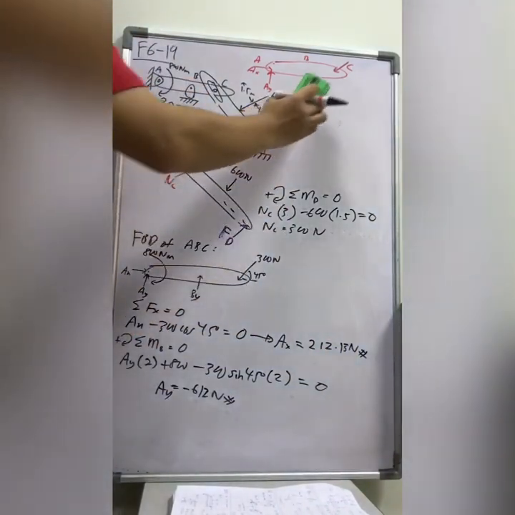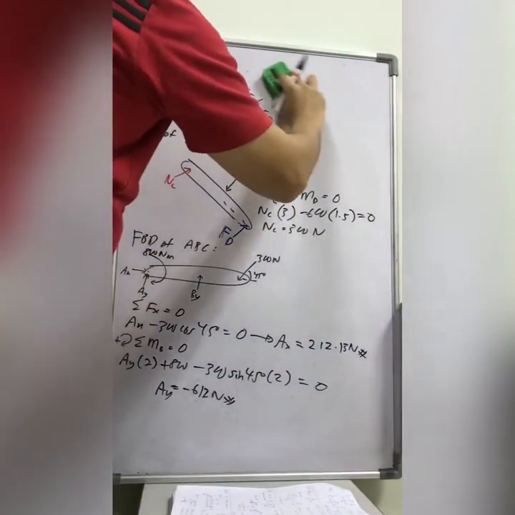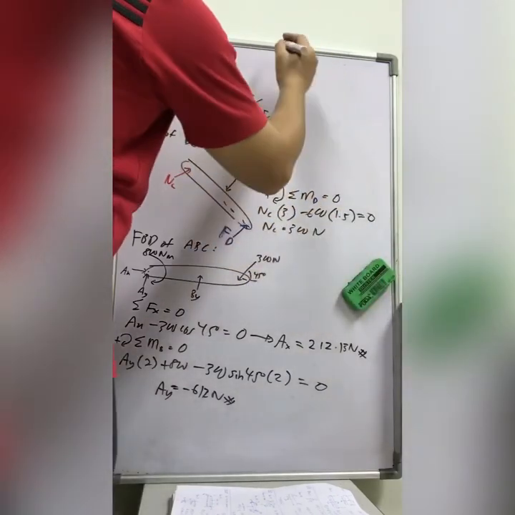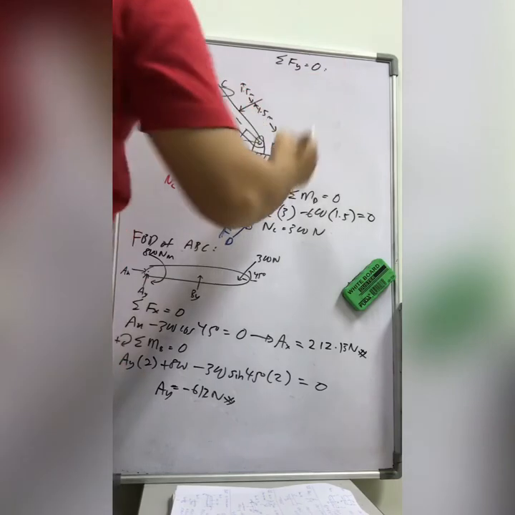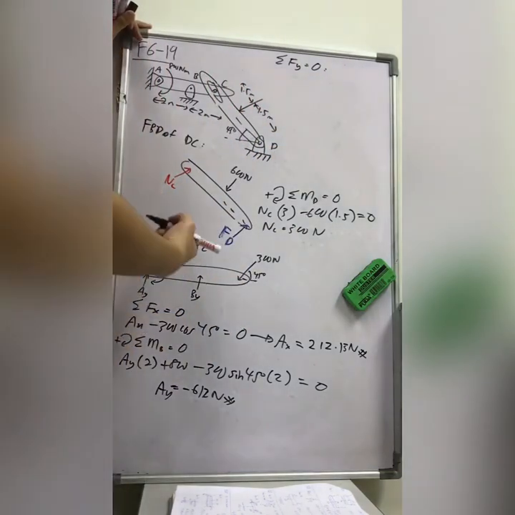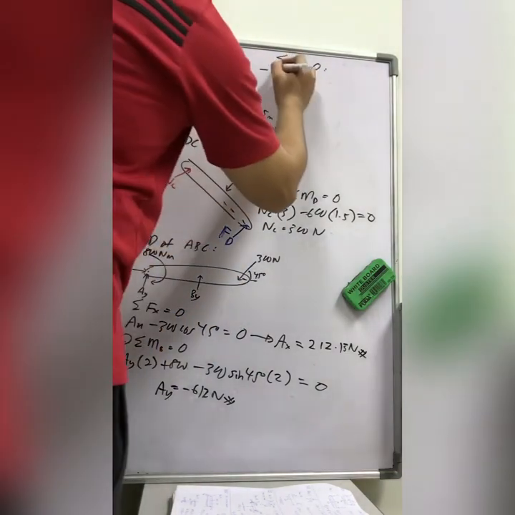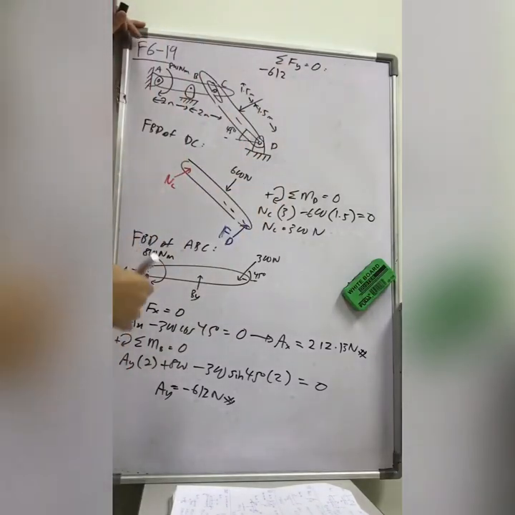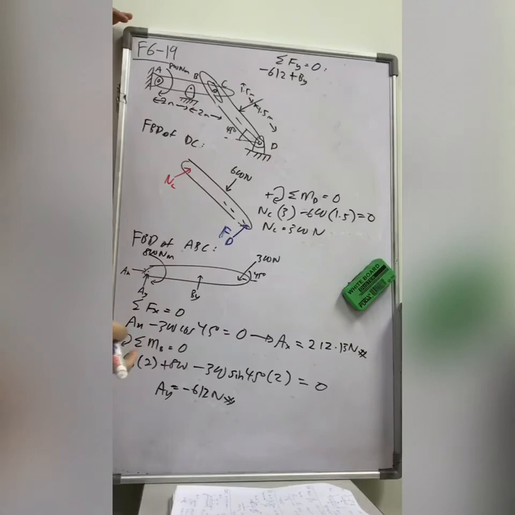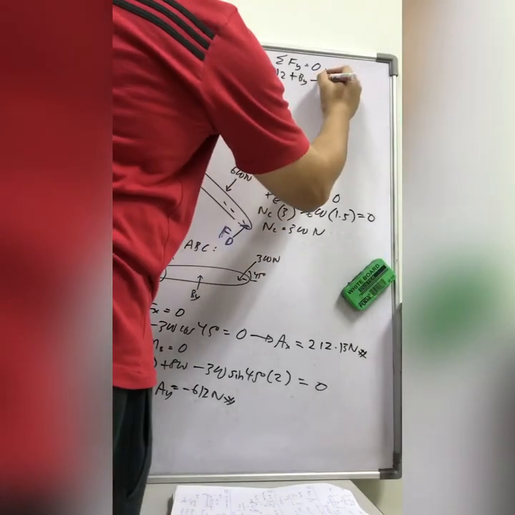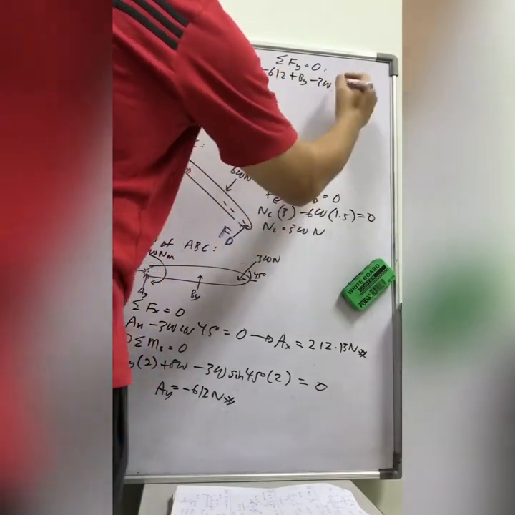Finally, we'll find BY. So to find BY, you do the Fy equals to 0. What you have is AY, now AY going downwards, 712, and then you have plus BY. You still assume BY as going upwards, and you have minus 300 sine 45.